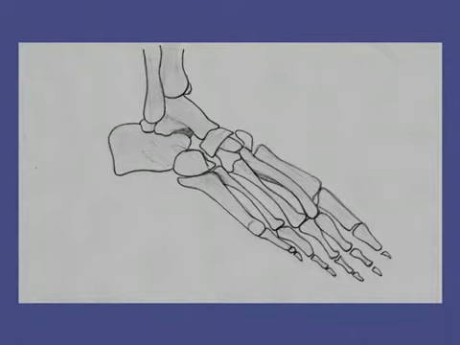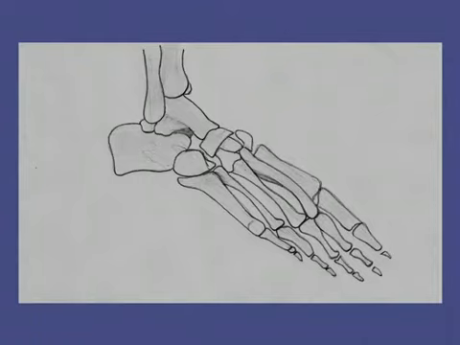Now the distal tibiofibular joint is a compound fibrous joint, and this joint is strengthened by certain ligaments. The ligaments are the anterior tibiofibular ligament, posterior tibiofibular ligament, and interosseous ligament. These are the three ligaments which strengthen this joint.